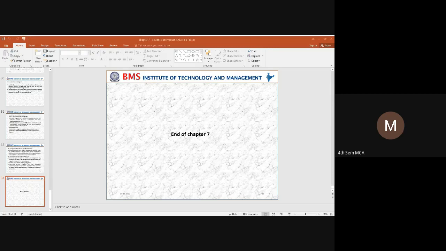Okay, so the application is, you want to recharge your mobile. So for recharging your mobile, you need to write the scenarios and the sequence diagram.